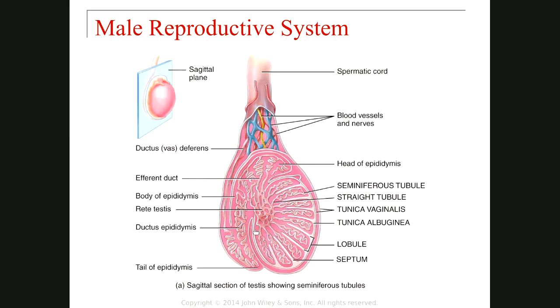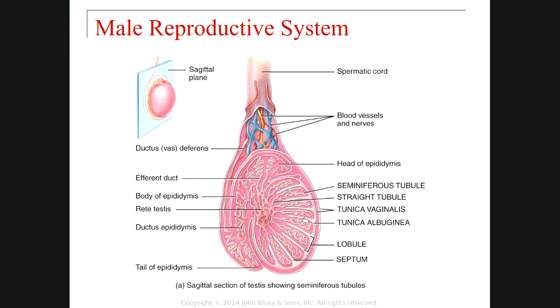From this mediastinum, we have some fibers which come out and make some compartments inside the testes. These compartments, or these rooms, which you can see here, are called testis lobules. And all of these walls which divide the testis lobules are called septa.